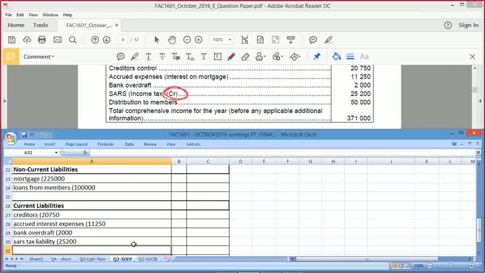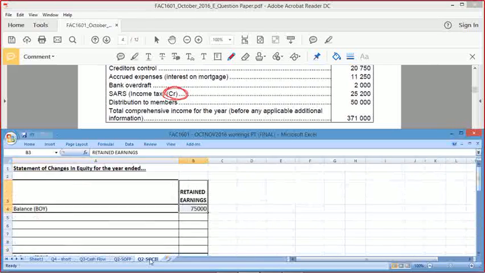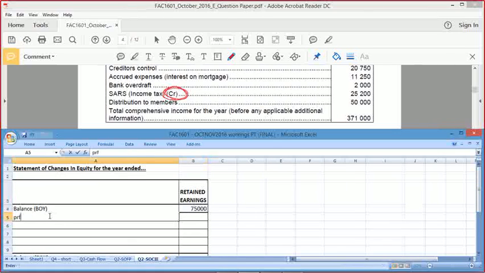25,200. Distribution to members. What is this? 25,200. That will go to Sochi. Good. Okay, obviously after your profit for the year, not profit before tax. Then distribution to members.